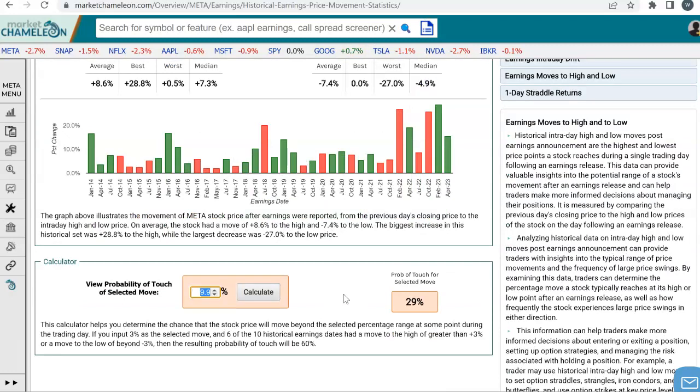and use this calculator, we can get the probability of touch. In other words, if we look from a historical perspective at a straddle, let's say that was 10%. We're buying the call and buying the put, and to cover that premium, the stock has to move 10% to break even and above 10% to be profitable at expiration.